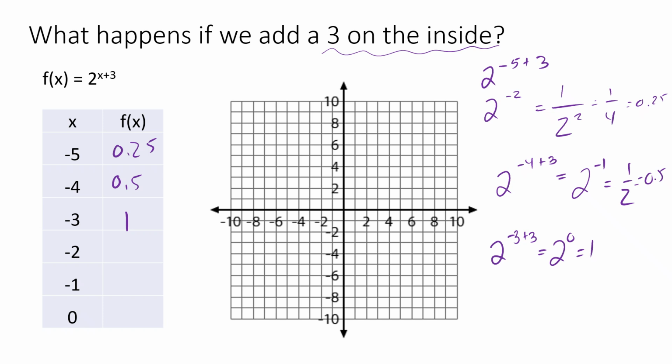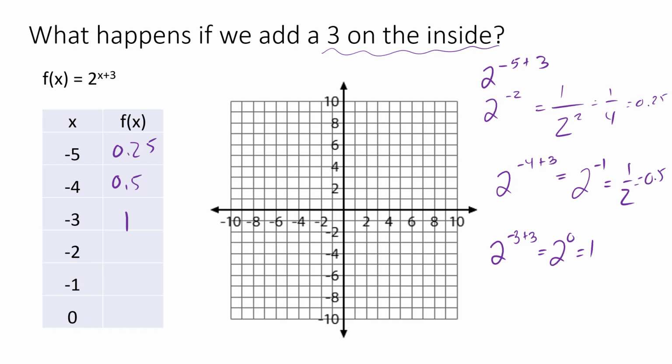Now, when we added the 3, we lost the sense of the doubling, and that's because we had like this vertical shift on it, which meant that we were kind of doubling a piece of it, but then the 3 wasn't doubling every time.